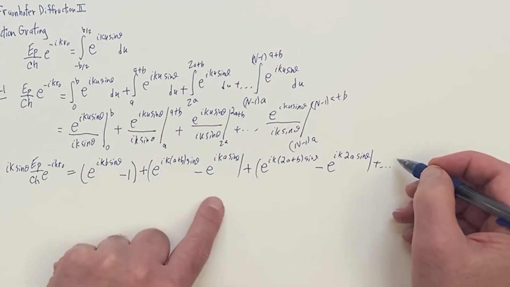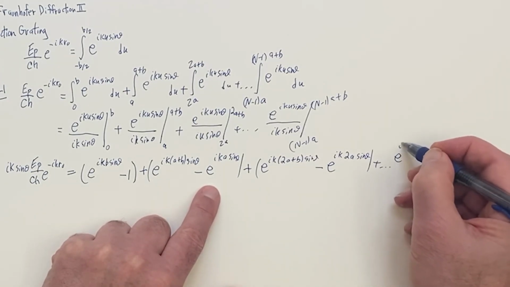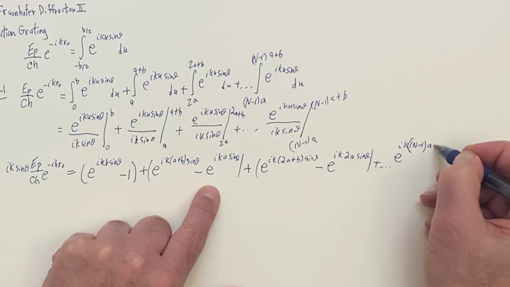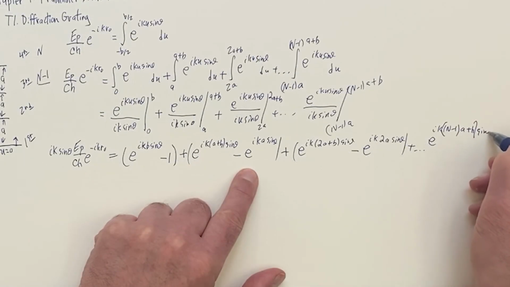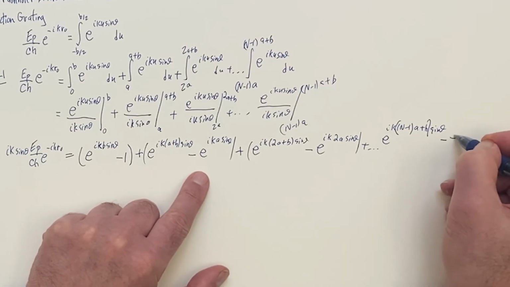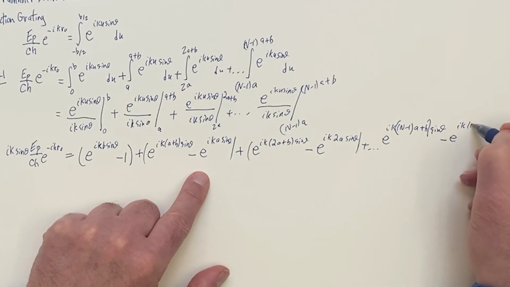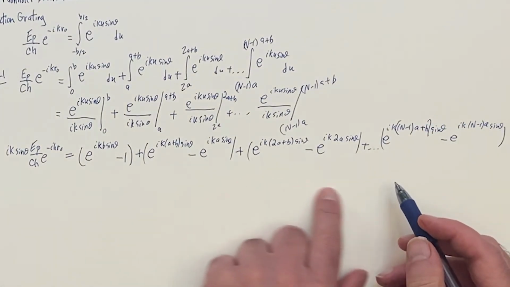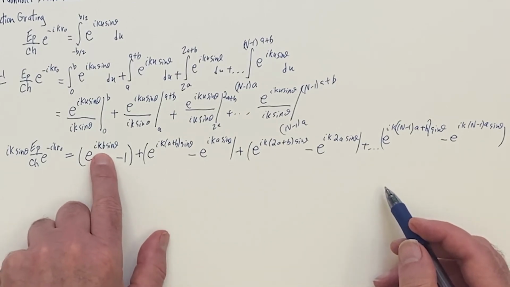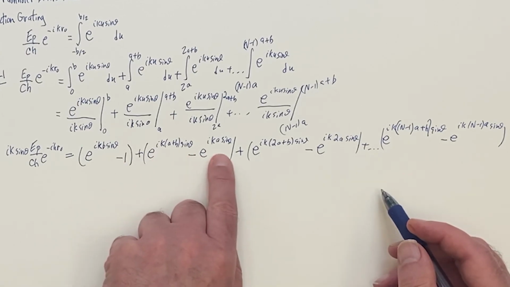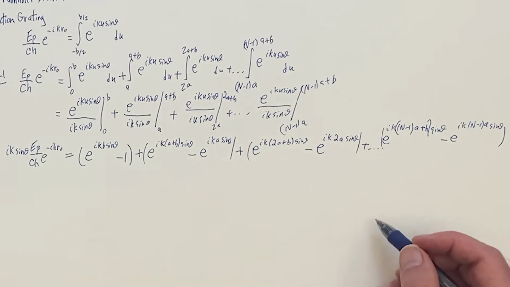And then the last one, e to the ik n minus 1 a plus b sine theta minus e to the ik n minus 1 a sine theta. And that's the last one. So we have them all. Very similar: the kb, and then the k a plus b, and then the lower limit a. So they all come out very nicely.